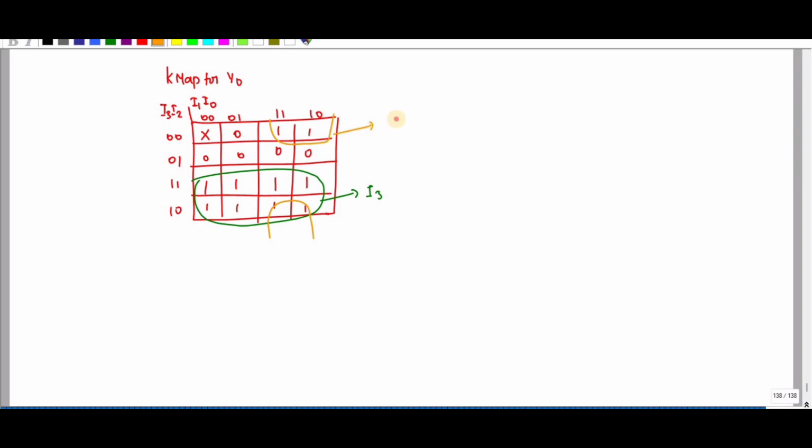If I group this one, I will get I2 bar I1. So my Y0 is equal to I3 plus I2 bar I1.